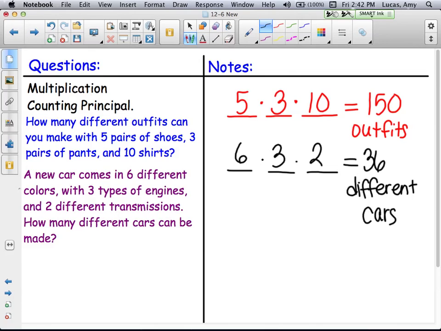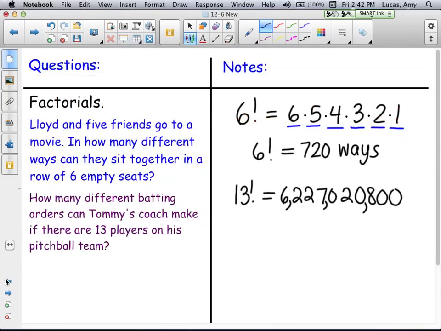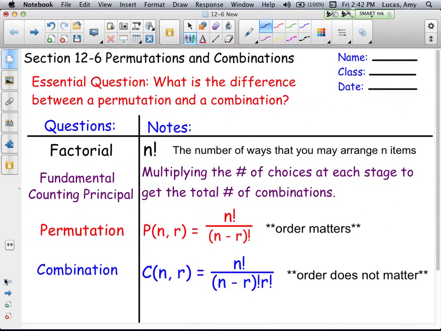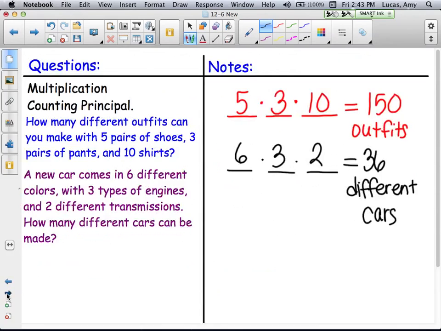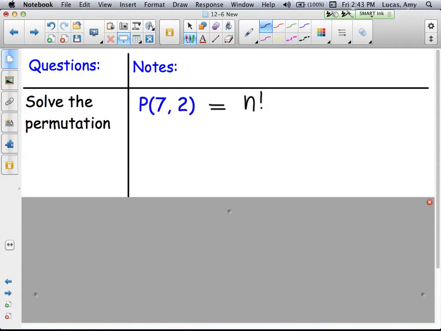All right, now let's start working with some permutations and combinations. So permutation, if I flip back to the beginning, you can see that permutation formula. So n factorial over n minus r factorial. So I'm going to show you how to do this, n comma r.